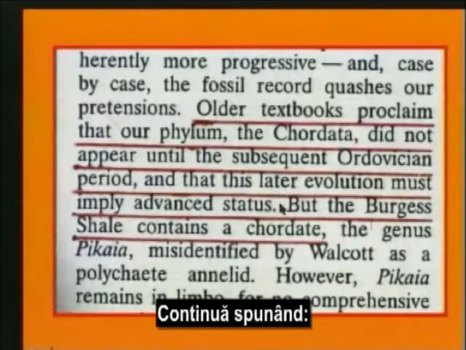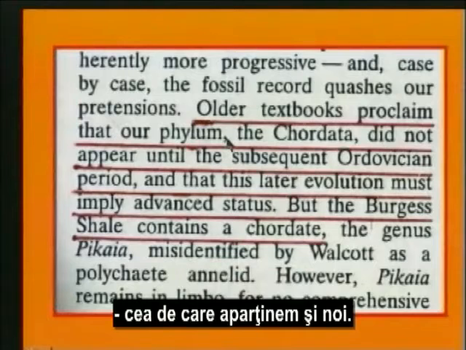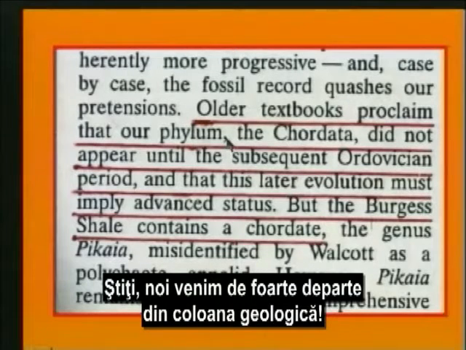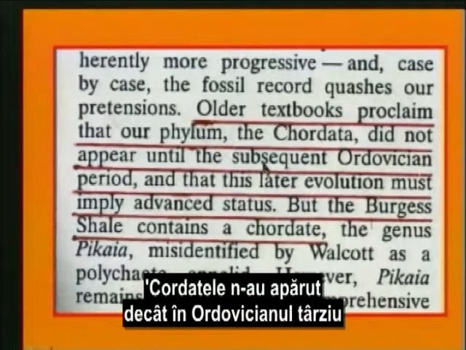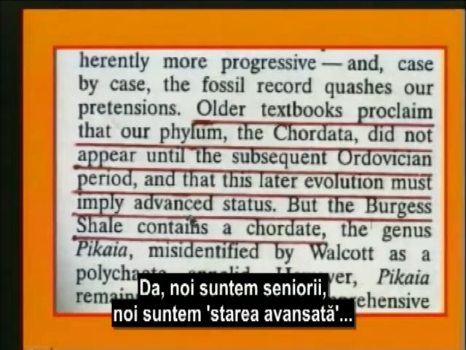He continues to say, all the textbooks proclaim that our phylum, that's the one we belong to, you know, we come way up there in the geological column. The Chordata did not appear until the subsequent Ordovician period, and this later evolution must imply advanced status. So we're the doyens, we're the advanced status.